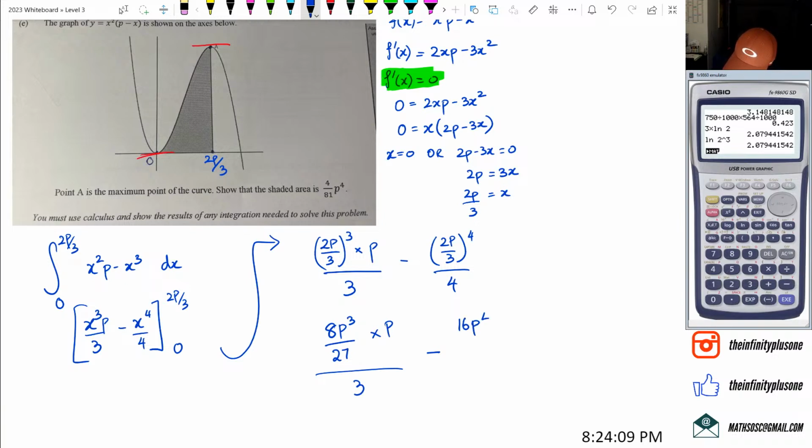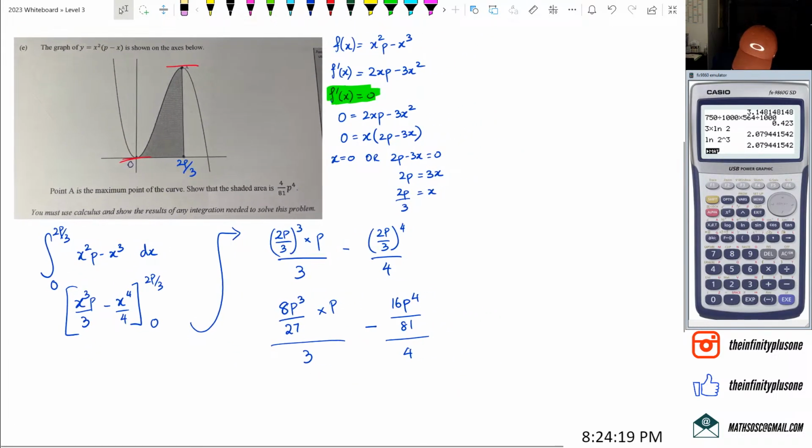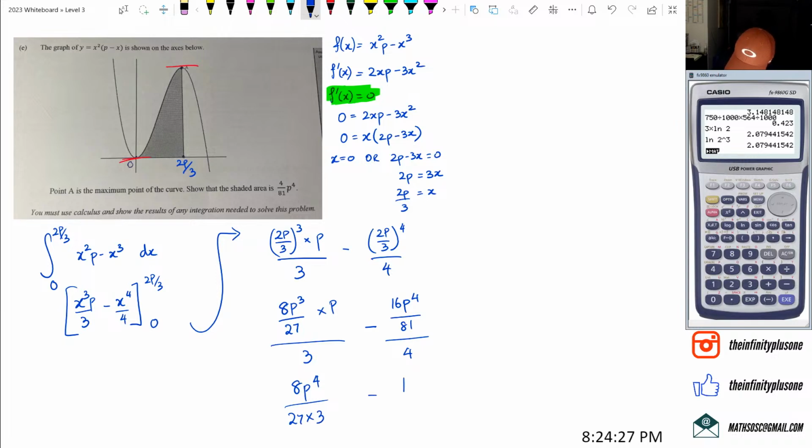P to the power of 4 is p to the power of 4, divided by 3 to the power of 4, which is 81, and all of that is divided by 4. So the next step is I'm going to get 8p to the power of 4 divided by 27 times 3, minus 16p to the power of 4 divided by 81 times 4.